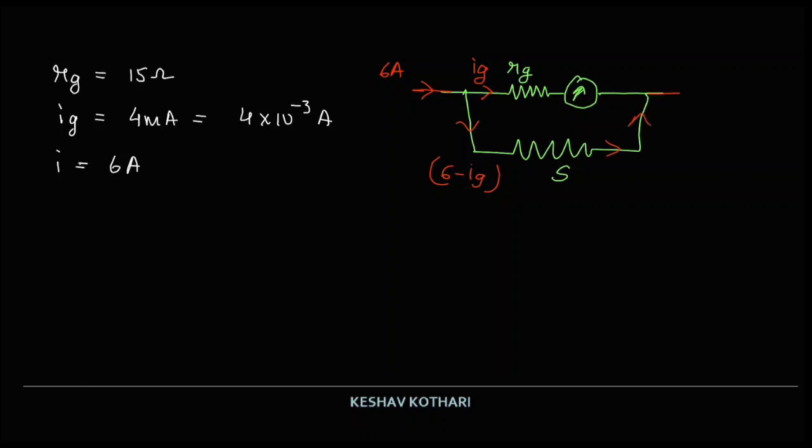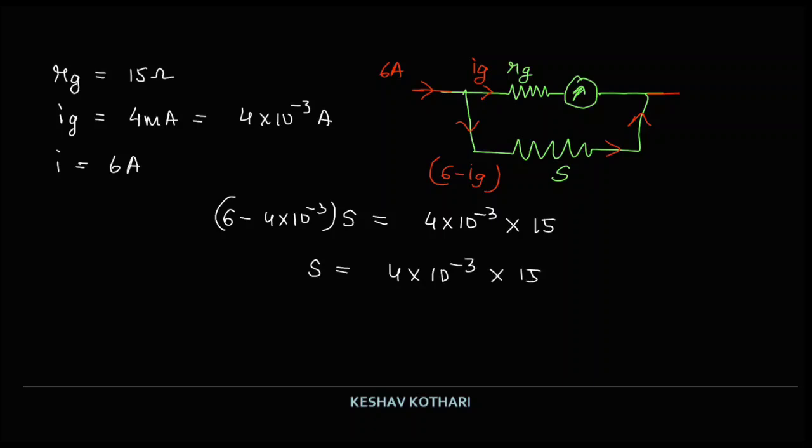So if we solve this problem, then I can write that (6 minus Ig), that is 6 minus 4 into 10 to the power minus 3, multiplied by shunt resistance, is equal to Ig, that is 4 into 10 to the power minus 3, into the resistance offered by galvanometer, 15. So from here we can calculate the shunt resistance as 4 into 10 to the power minus 3 times 15 upon 6 minus 4 into 10 to the power minus 3.